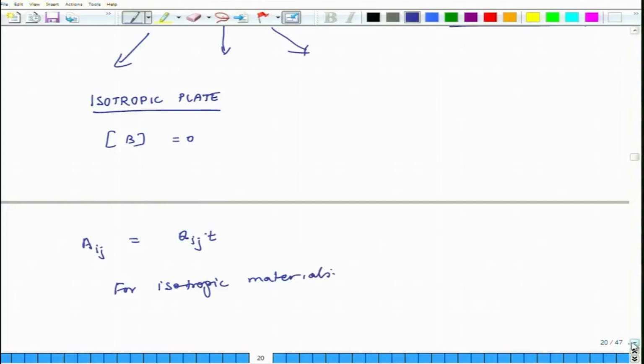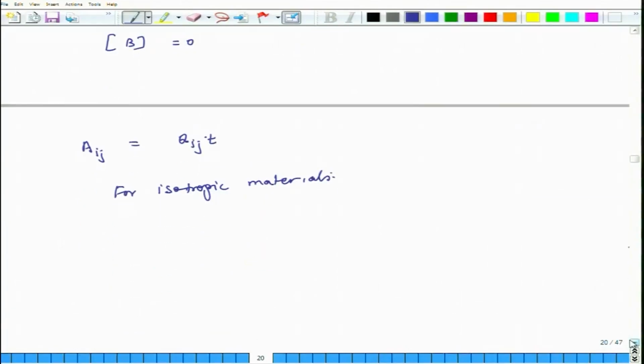Q is equal to E divided by 1 minus nu square.